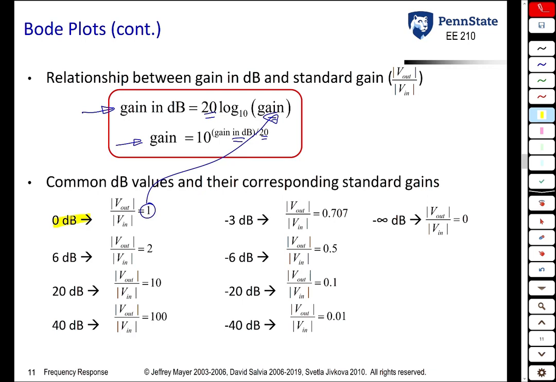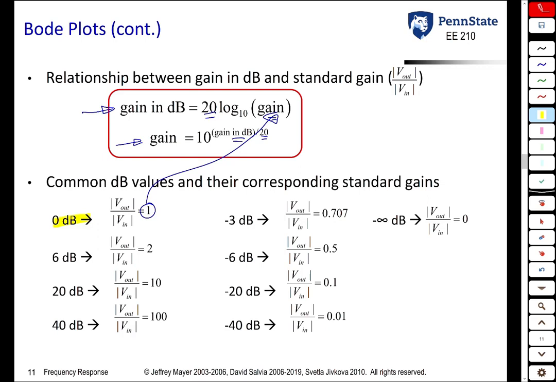This takes a little bit of getting used to because you normally think of 0 as meaning multiplying by 0. But in this case, 0 dB means multiplying by 1. In other words, if you have a circuit with a gain of 0 dB, we're saying that the input transfers to the output with no amplification or no attenuation.